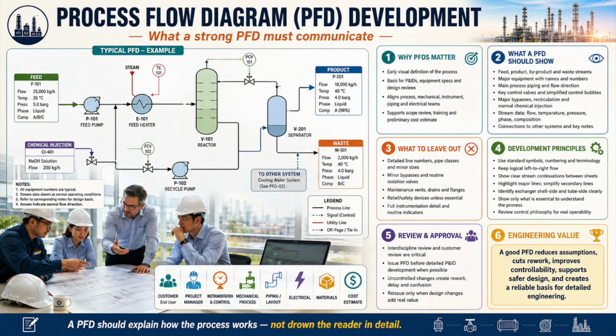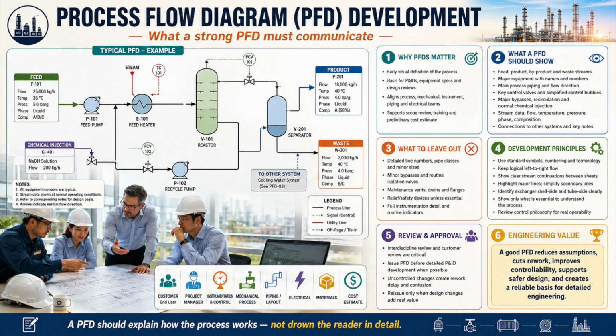A routine isolation valve normally is not. Show connections to other process and utility systems clearly. Include chemical injection systems required during normal operation. Show major bypasses and recirculation streams used for routine operating purposes. Temporary startup or shutdown aids should not dominate the diagram unless they are critical to understanding the process.